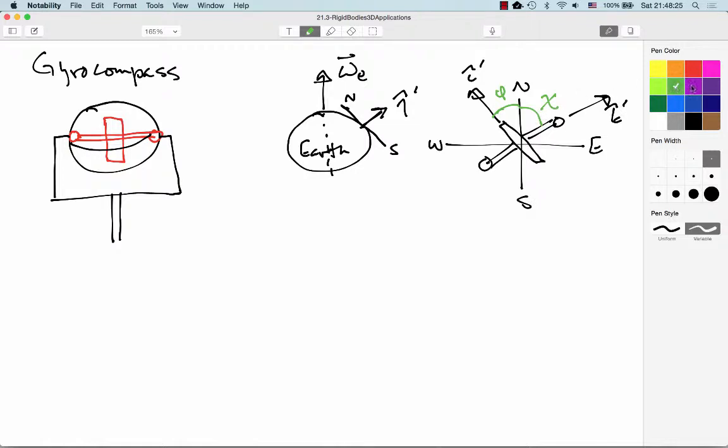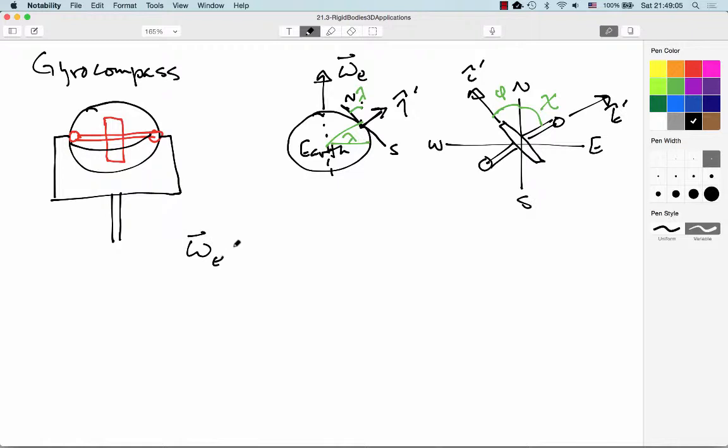And I also forgot to label in our plane here, so our I axis is also going to be tilted an angle lambda, which is equal to your latitude.